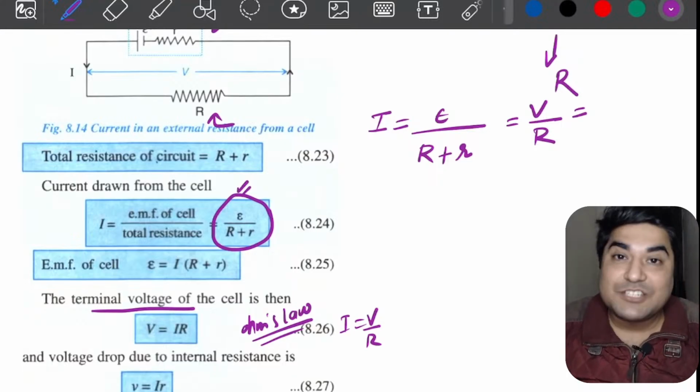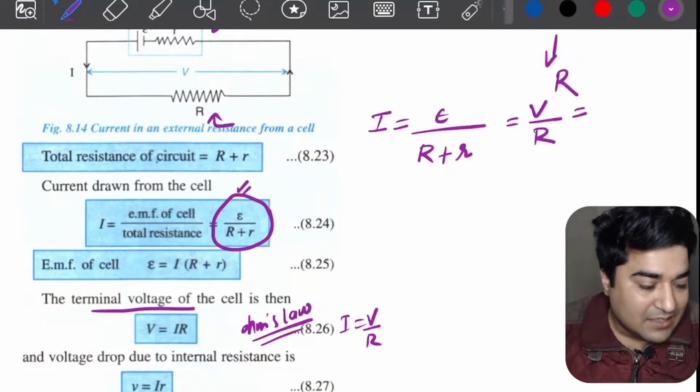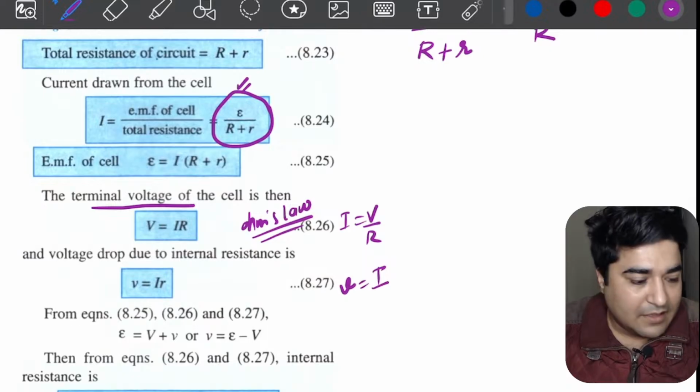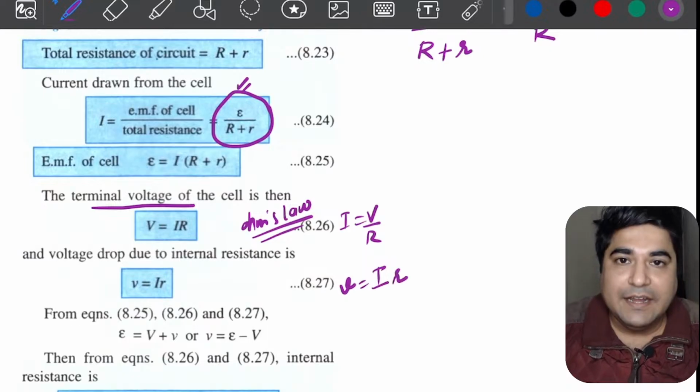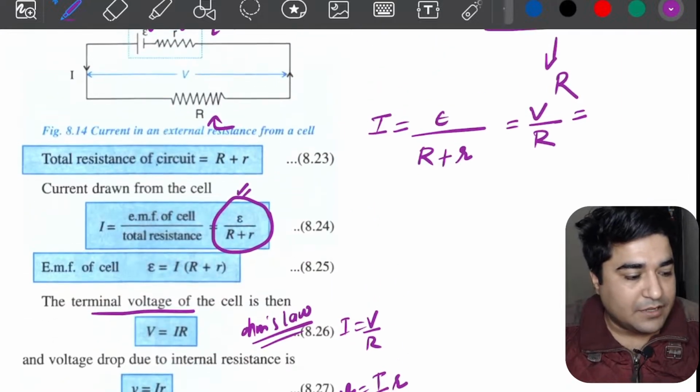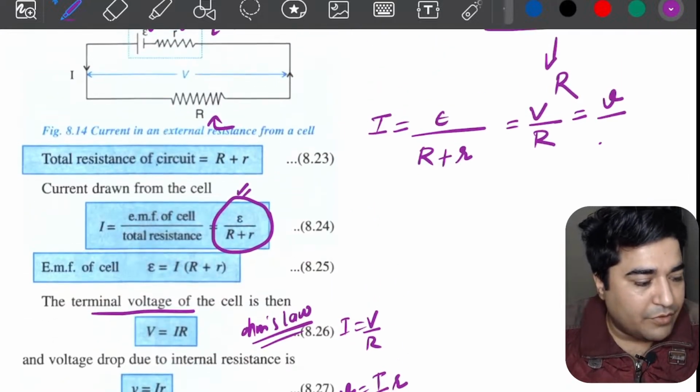The voltage drop, the small v, would be considered as I into small r. Accordingly, I can calculate a value of I from this aspect as well, so it would become v over r.